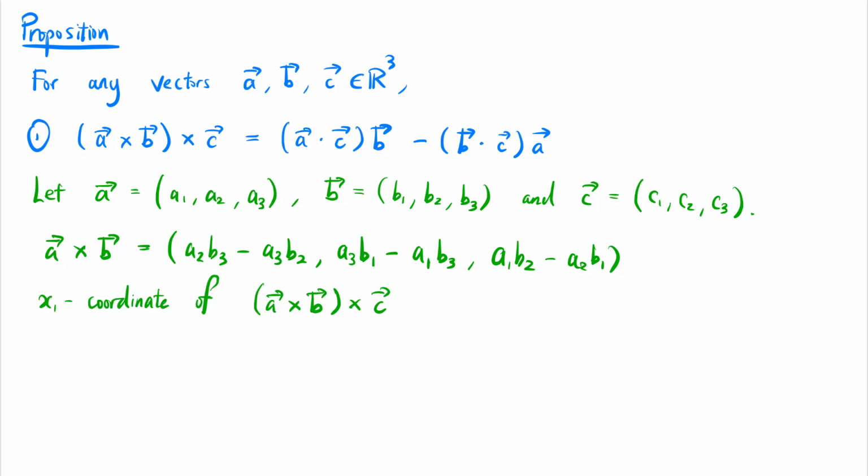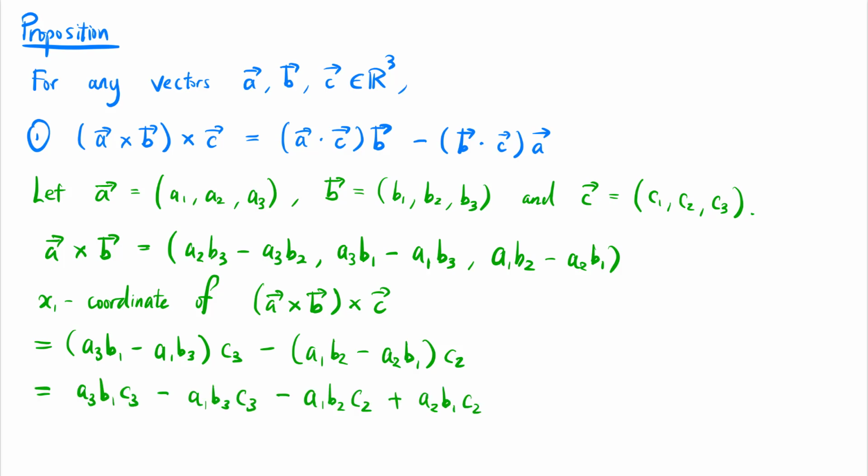Now, the x1 coordinate of (A cross B) cross C equals (A3B1 minus A1B3) times C3 minus (A1B2 minus A2B1) times C2. This equals A3B1C3 minus A1B3C3 minus A1B2C2 plus A2B1C2.